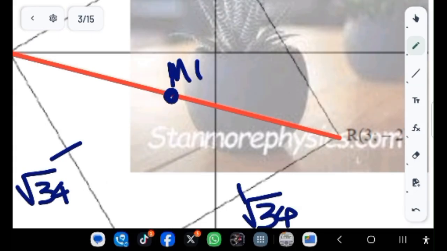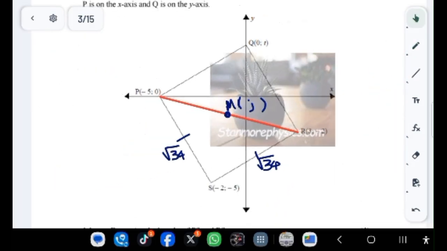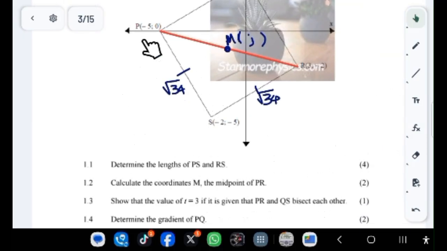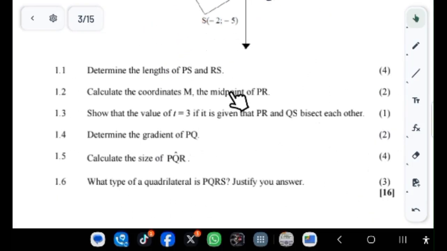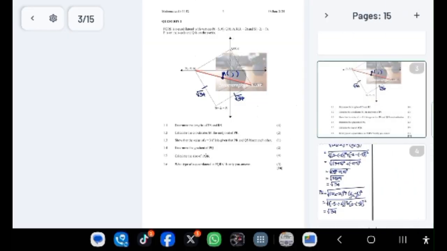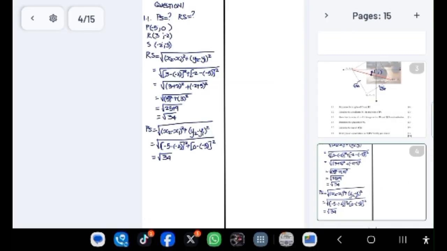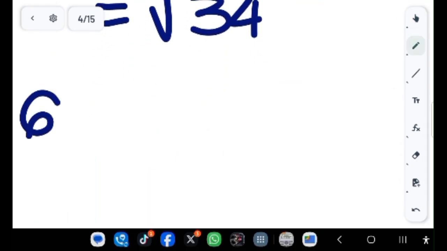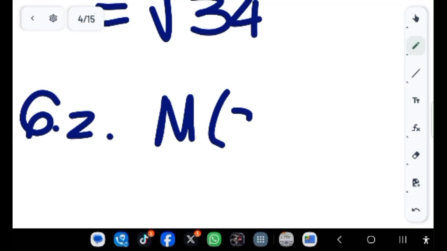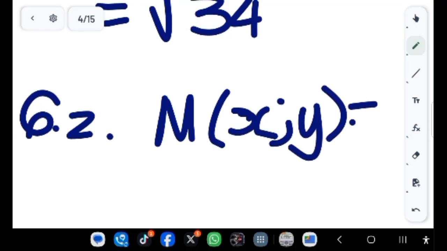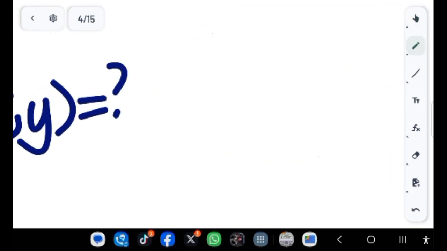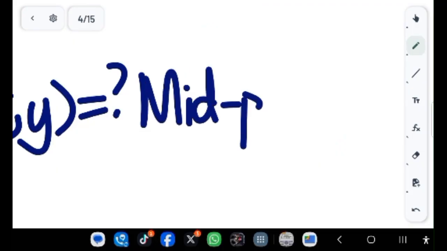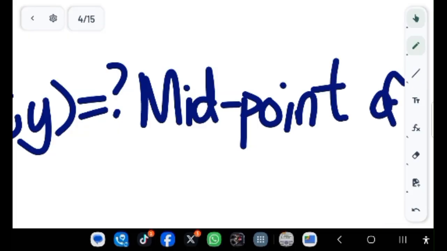We're looking for the coordinates of this midpoint, M. That's 6.2. What are the coordinates of M, which is the midpoint of PR?